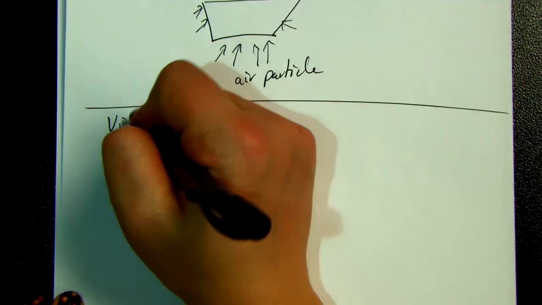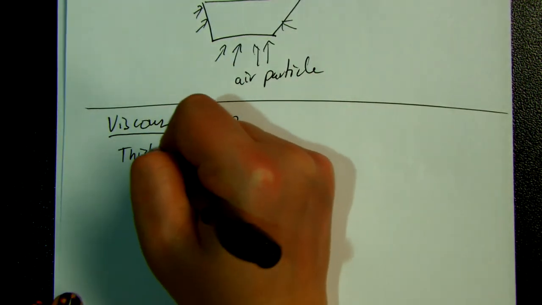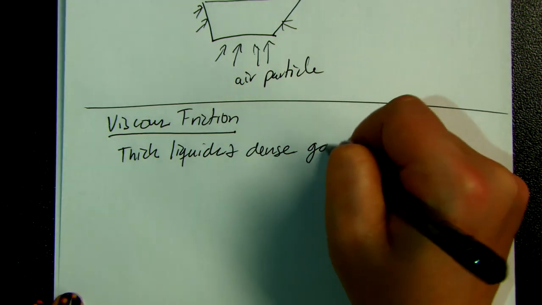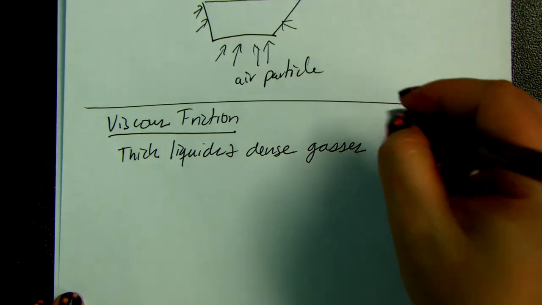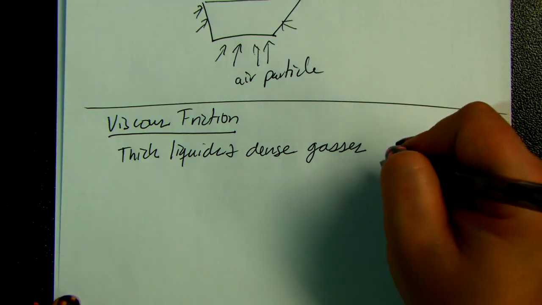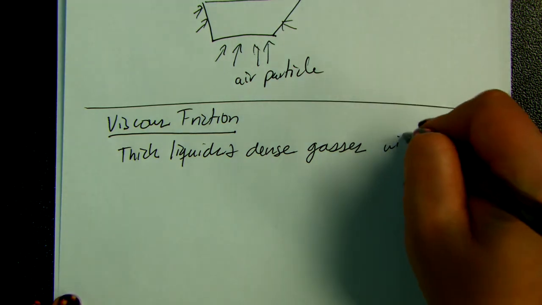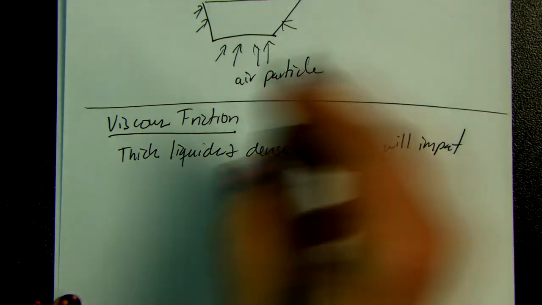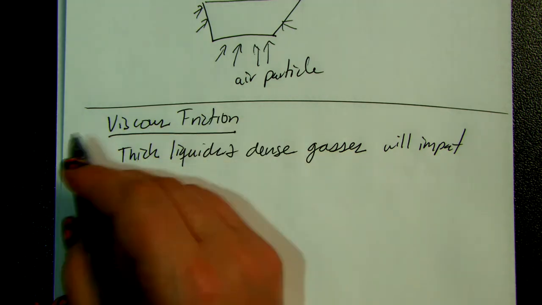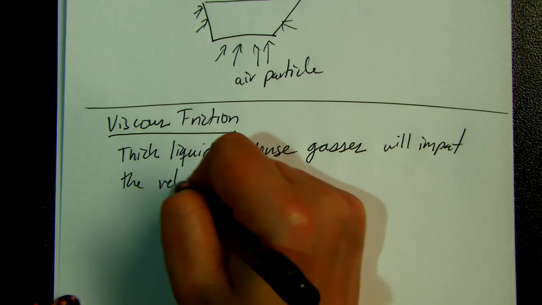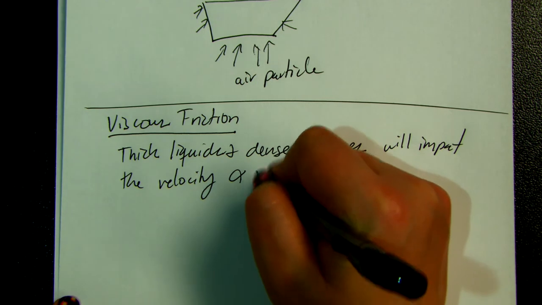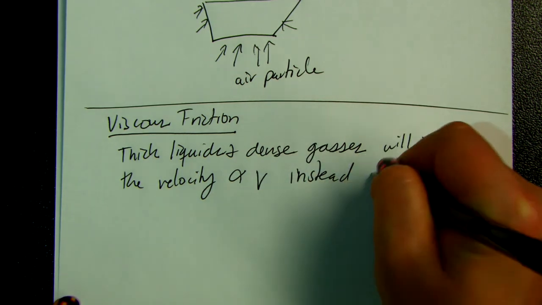So basically, thick liquids and dense gases will impact the velocity proportionally to v instead of v squared.